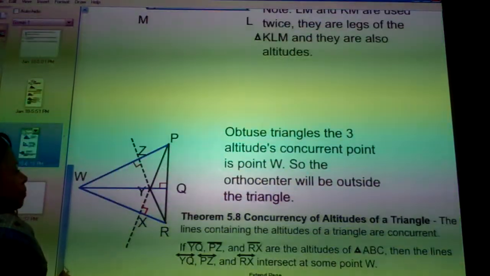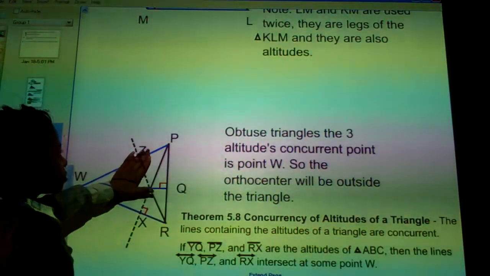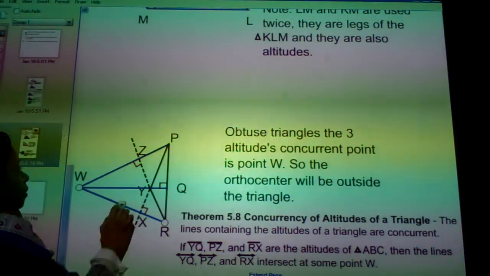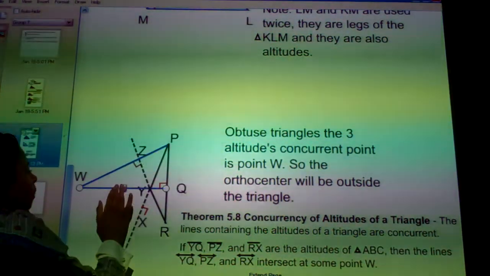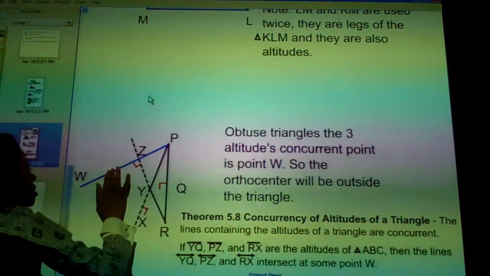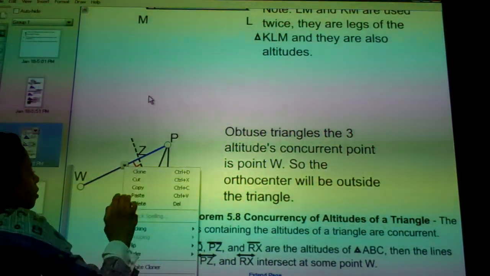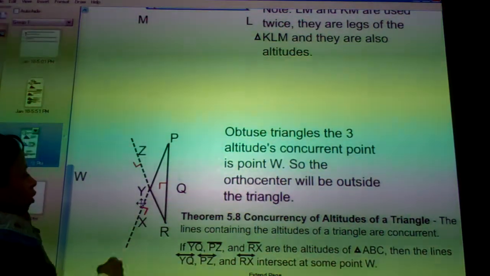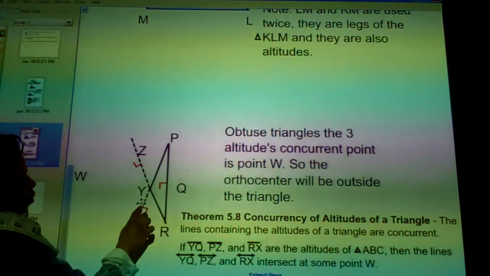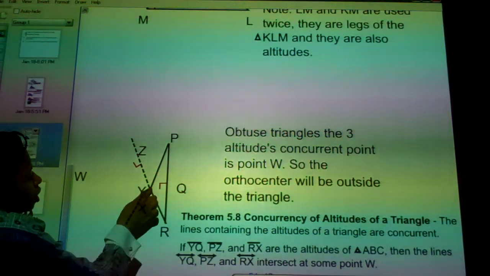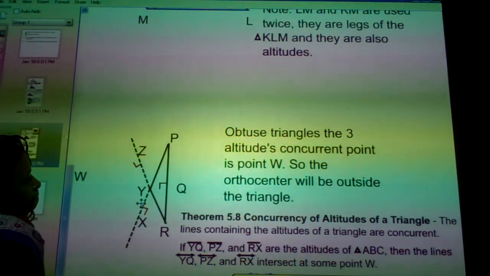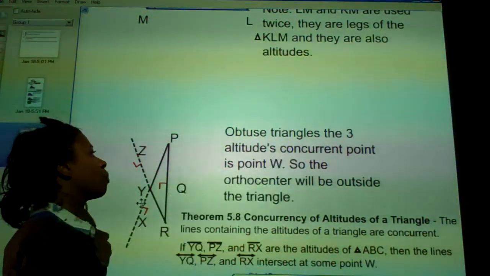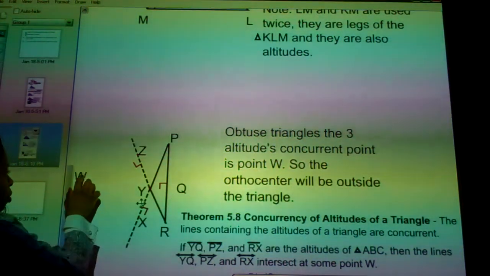And then finally, on an obtuse triangle, let me delete the legs so that you can better see here. Okay, on the obtuse triangle PYR, the obtuse angle is Y. On an obtuse triangle, the three altitudes' concurrent point is going to be W over here.